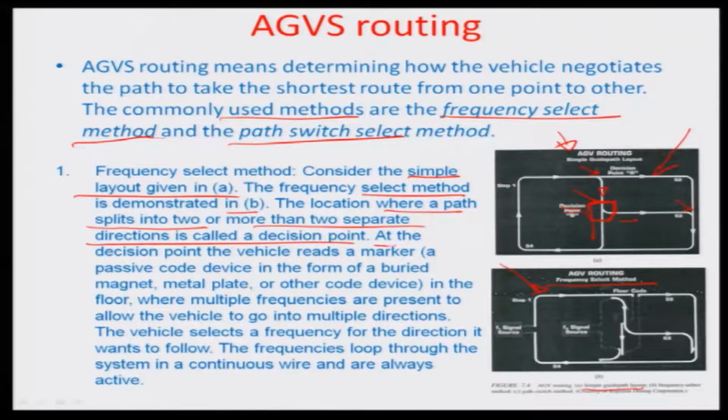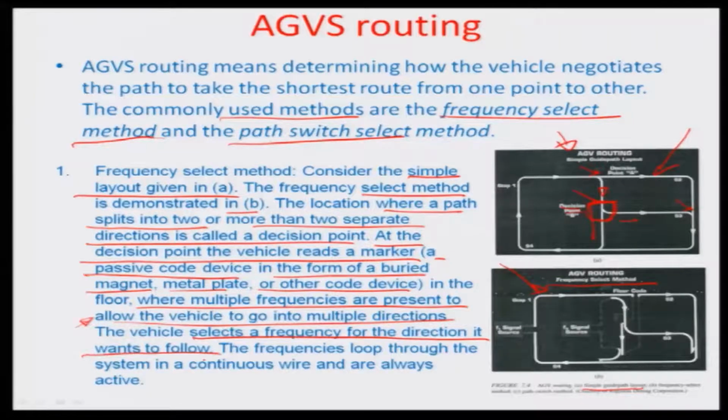At the decision point the vehicle reads a marker, which is a passive code device in the form of a buried magnet, metal plate or other code devices, in the floor where multiple frequencies are present to allow the vehicle to go in multiple directions. So the vehicle selects a frequency for the direction it wants to follow.